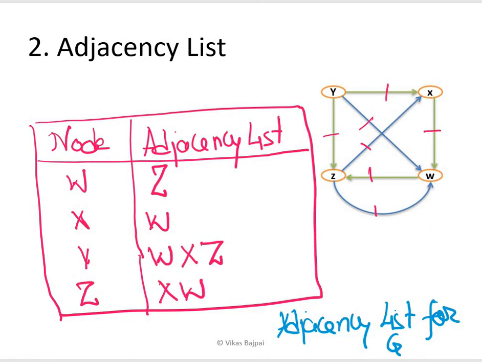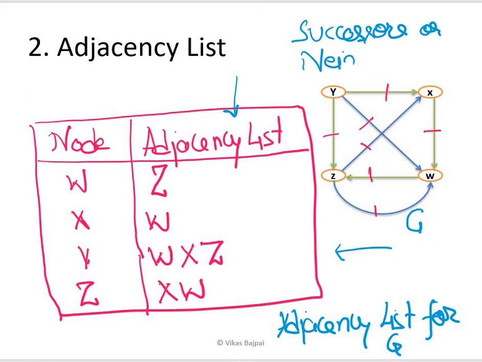So this particular table shows each node in graph G followed by its adjacency list, which is nothing but the list of the adjacent nodes, and these adjacent nodes are also called your successors or the neighbors in simple terms.